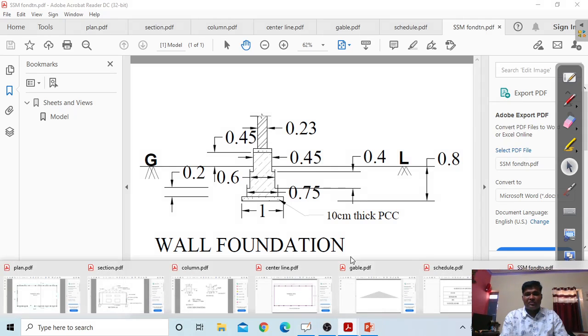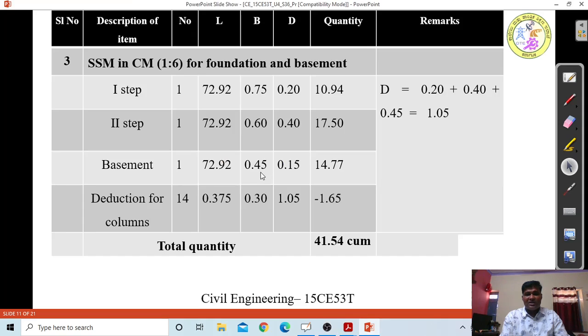Please make a correction. So 72.92 into 0.45 into 0.45 will give me 14.77 cubic meters of stone masonry.